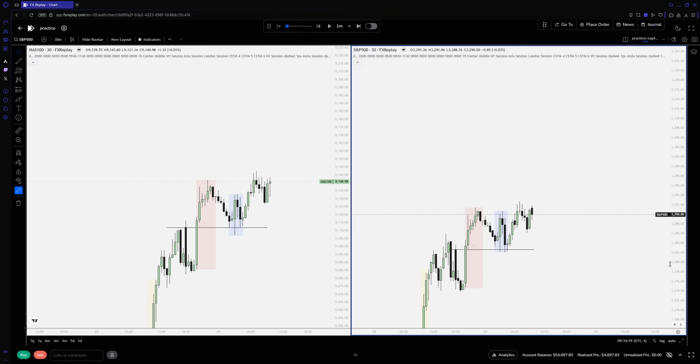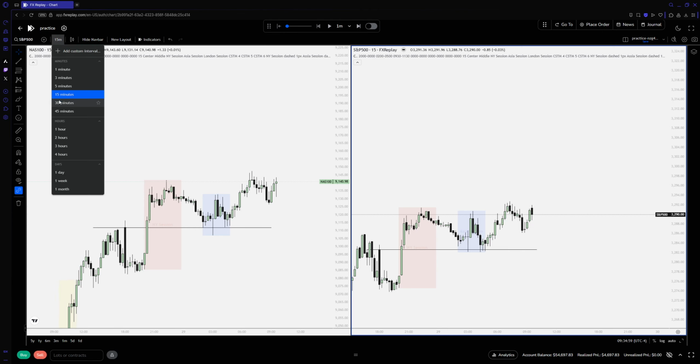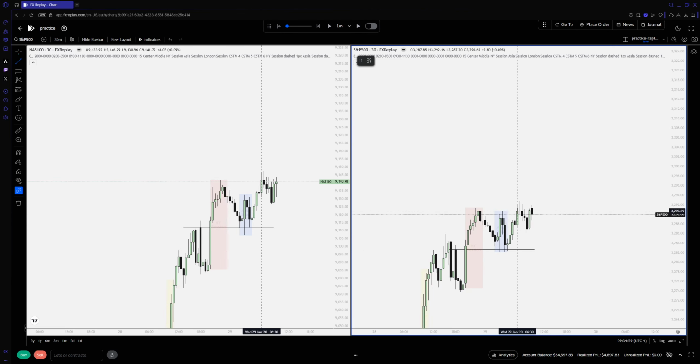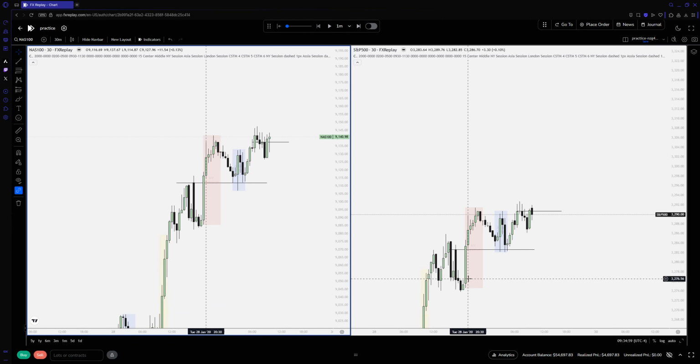We actually did close above it, and we did close above here. So maybe we actually do want to rip higher. Because we had this change in state here, we have this one here.